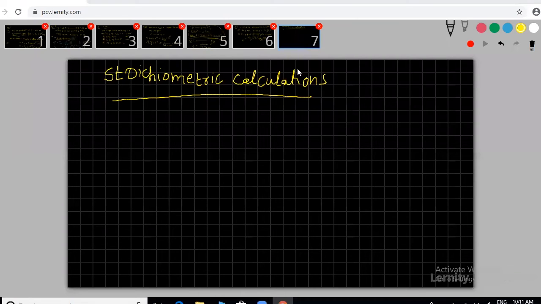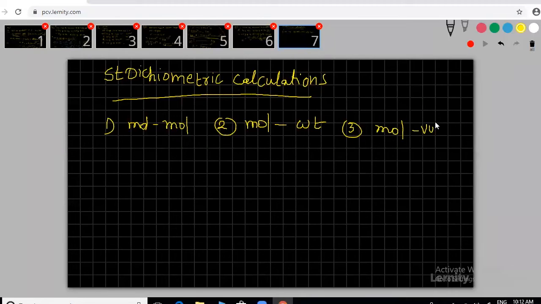Now, sir, these are different types of calculations. We are giving mainly a few that we can discuss. Mole relation problems. All are the same type of example. That's mole weight relation problems. Mole volume relation problems.